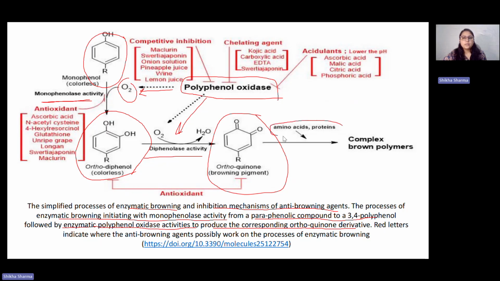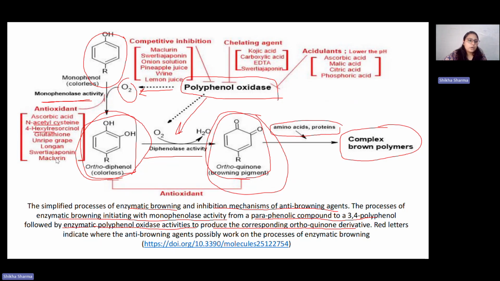And when there are amino acids or proteins, they convert into complex brown polymers, which also have a brown color. So when we apply antioxidants, these antioxidants react with this compound or that compound, like ascorbic acid, N-acetyl cysteine, or 4-hexylresorcinol.